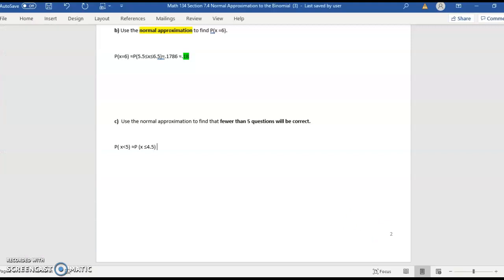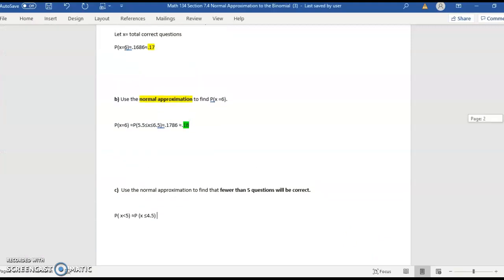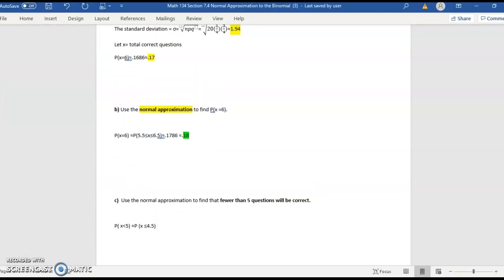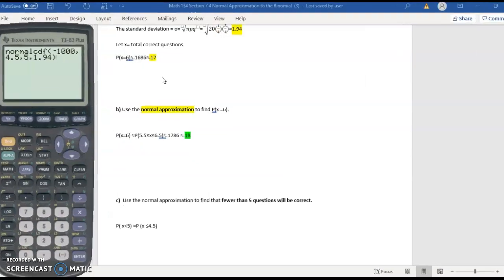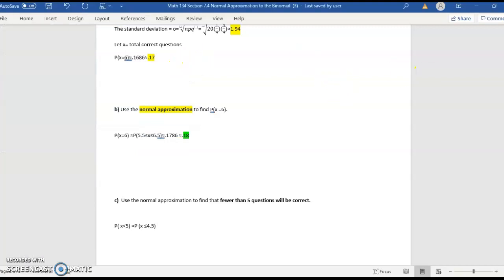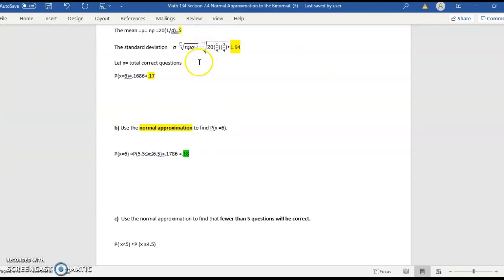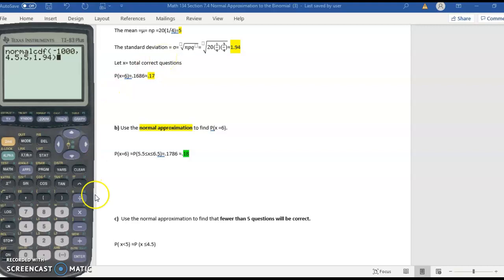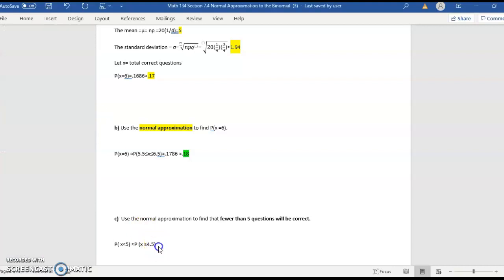So I'm actually using again the original mu and sigma. So mu of 5 and the standard deviation of 1.94. So please run it and see if you're matching. I'm getting approximately 0.3983.